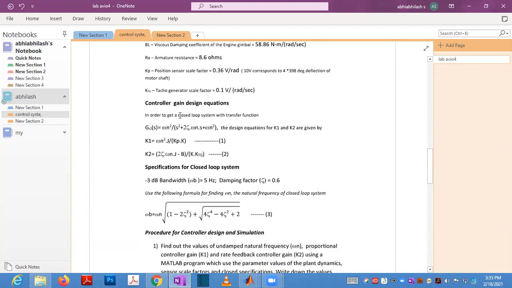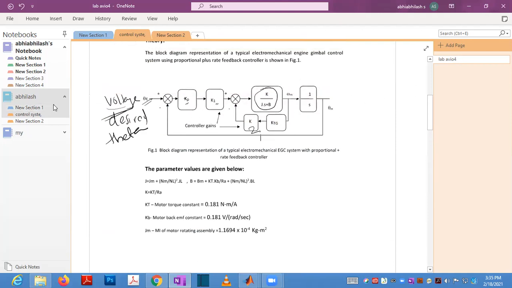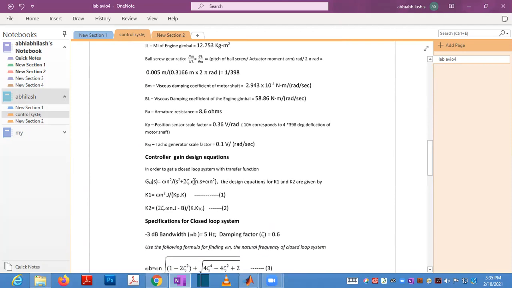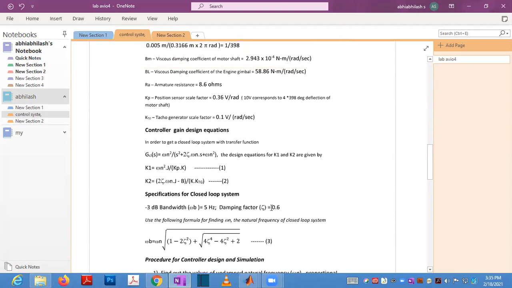If you compare this controller gain equation, you solve this one, theta m upon theta c, and compare it with this closed loop transformation. And you keep the damping factor zeta as 0.6 and the minus 3 dB bandwidth, that is omega b, as 5 hertz.